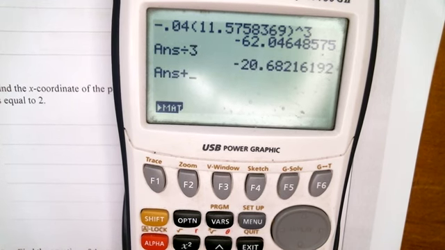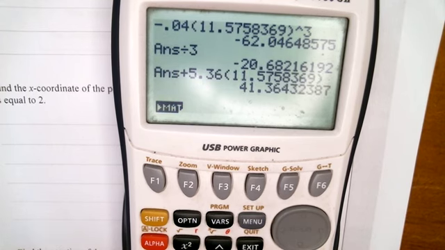plus 5.36 times, again, 11.5758. I'm having to read this off another bit of paper, sorry. So that's why it's taking me a while. Close brackets, equals, I get 41.3643.